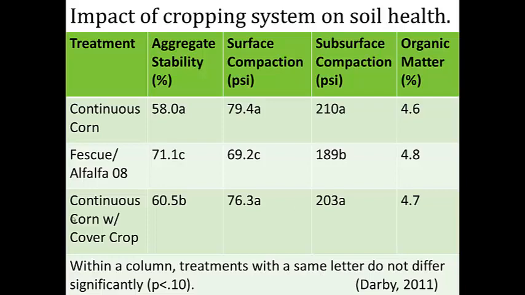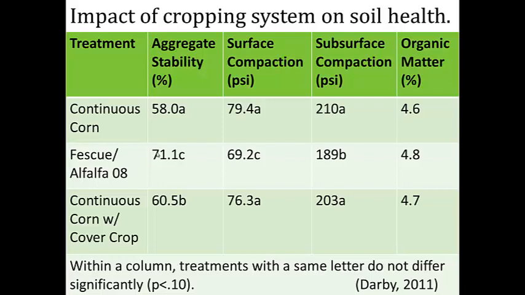And of course you can see right away that this permanent fescue alfalfa, that's not tilled, had the highest levels of organic matter, had the lowest compaction, and also had the highest aggregate stability of the cropping systems.